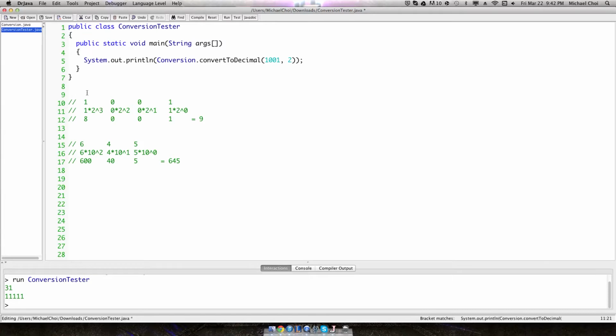One thing I would like you to note is, notice how 1 and 1 are the same, 0 and 0 are the same, 0, 0 same, 1, 1 same. The 2's right here are all the same, and notice how the order represents what place it is.